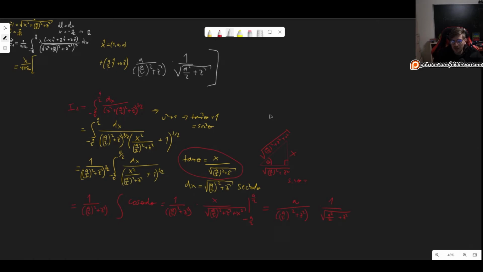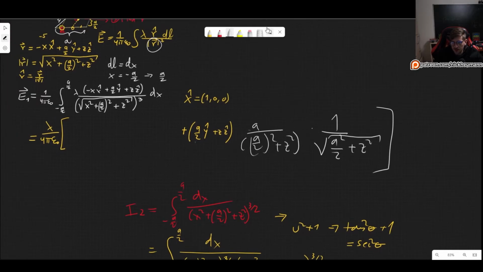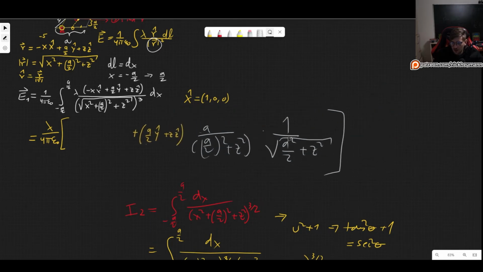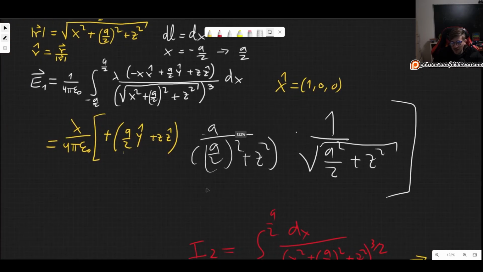All right, and I'm going to move this around a little bit, just so that there isn't that huge gap that we got because the other part was 0. All right. So there we go. This is the result for y and z directions. And this is for the first one.